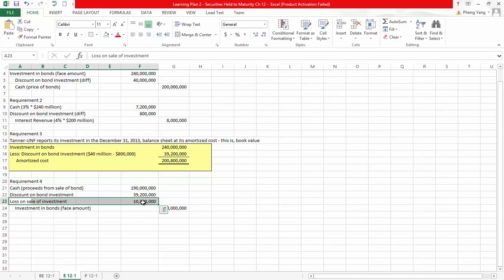If, let's say, we had sold it for more than $190 million, let's say we sold it for $230,000. Let's see how that looks. Okay, in that case, we would have a gain. See how that is bigger there?